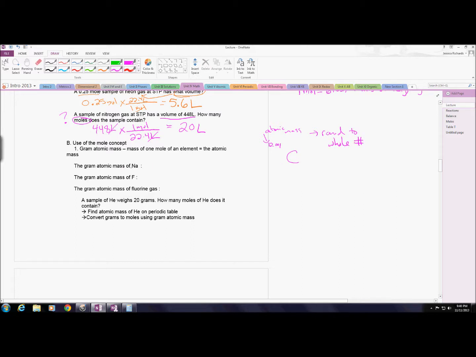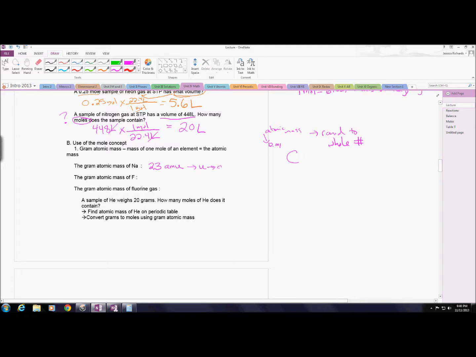If we happen to have an element and you look up sodium's gram formula mass, it is 23. And the units that they use here are sometimes called AMUs, or atomic mass units. Sometimes they just might call the unit U. I think that's the abbreviation that the state is using on your reference table now.